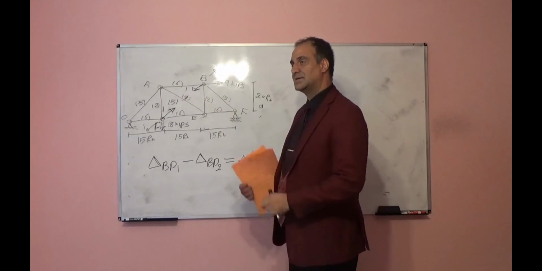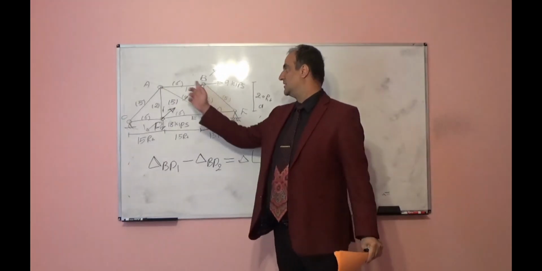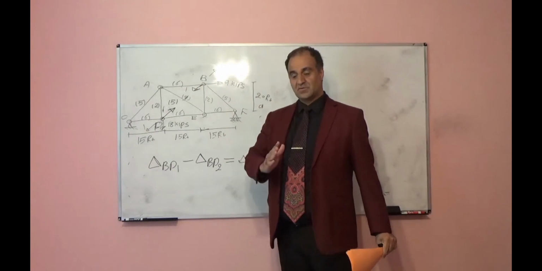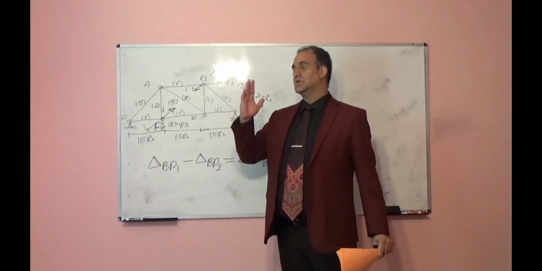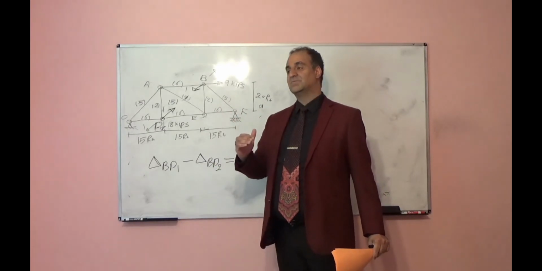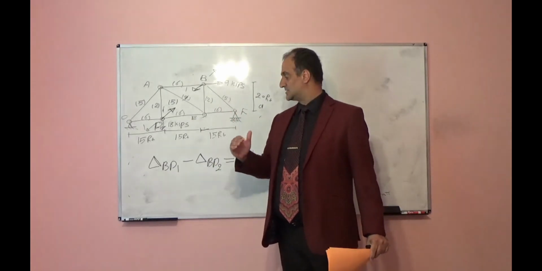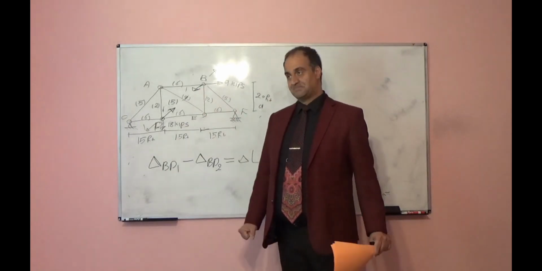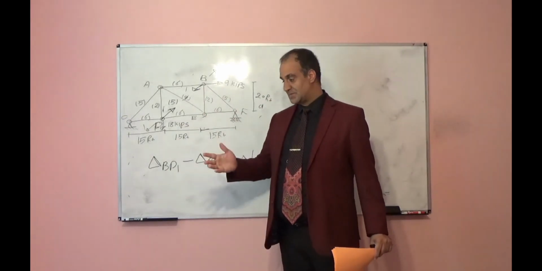We will find the internal force at each member under this virtual load. Then real load times virtual load times the length of each member divided by EA of each member will give us the relative displacement of B with respect to D at the first step.